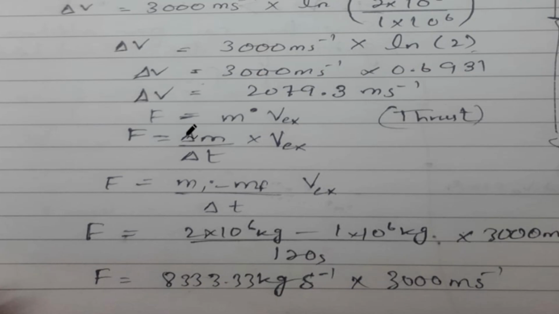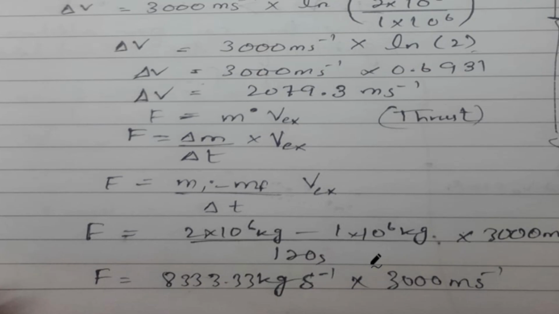Further, we have to find the thrust, which is actually a force, and it is equal to the change in mass with time multiplied by the exhaust speed, or we can say the rate of change of mass. Now arrange the mass, which is the initial mass minus the final mass, over the time, multiplied by the exhaust speed.